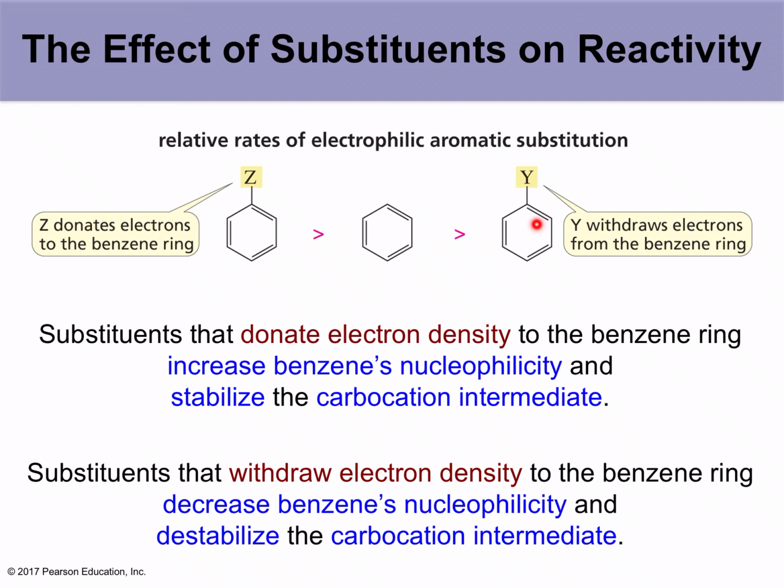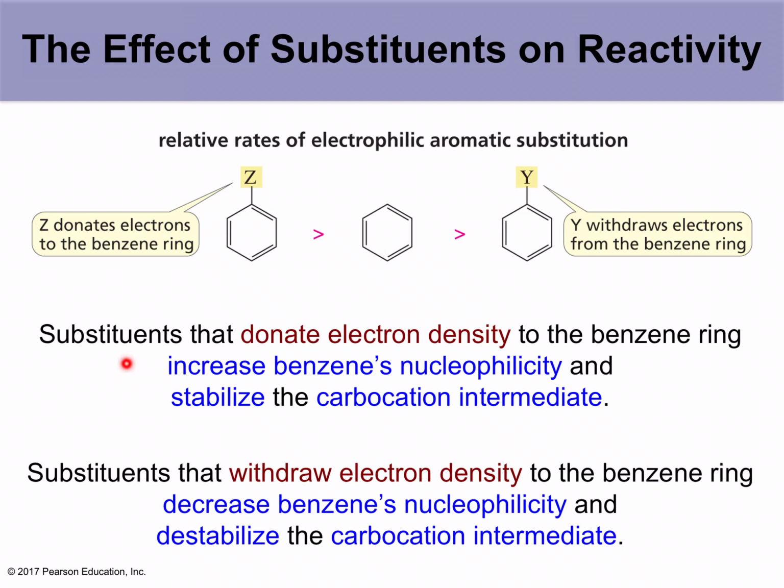Similarly, if a benzene ring has a group, let's denote it as Y, which withdraws electrons from the benzene ring, what happens to the nucleophilicity of the benzene ring? It decreases, meaning the reactivity of the benzene ring towards another substitution would be less compared to a benzene ring without any substituents.